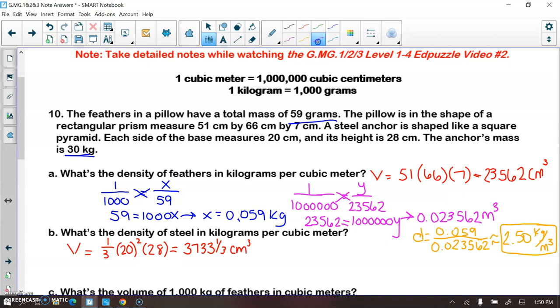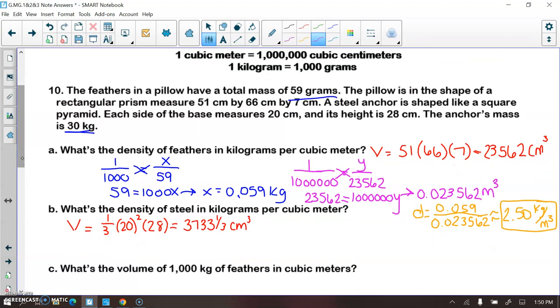So now I need to convert this into cubic meters. I'm going to do it the same way that I did the other one.